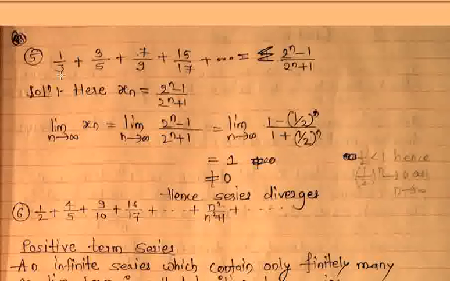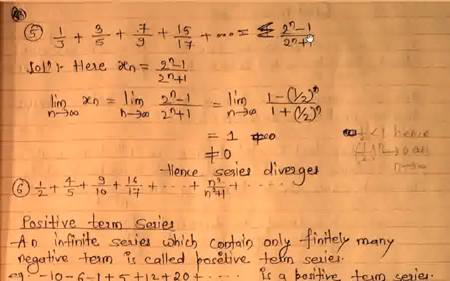Here it will be 2 to the 1 plus 1, which is 3, and 2 squared, which is 4 plus 1 is 5, and etc. So this is the xn, and the limit as n tends to infinity. You can take out the common 2 to the n, and as n tends to infinity, this fraction is 0. So 1 divided by 1, which is not 0. So the series diverges.